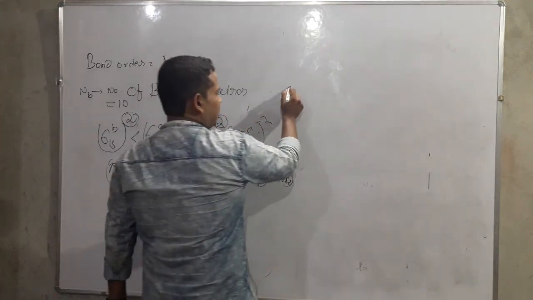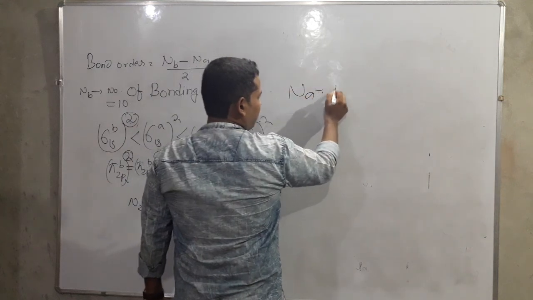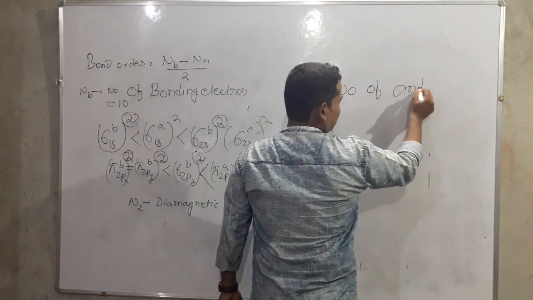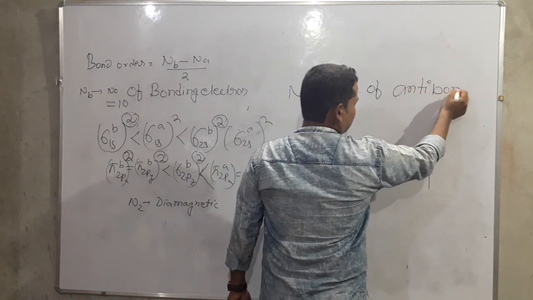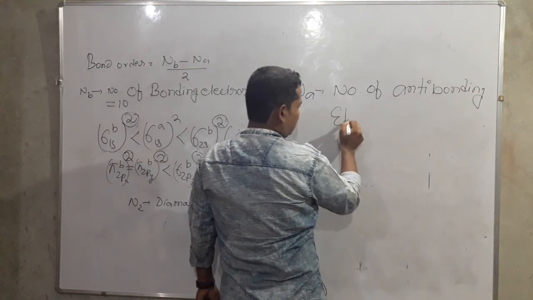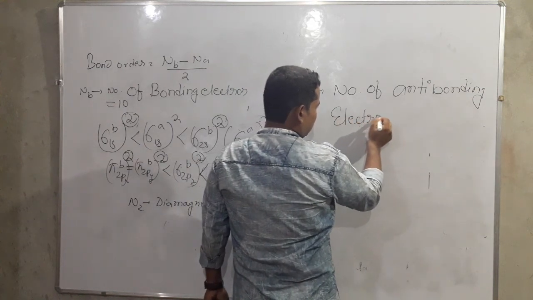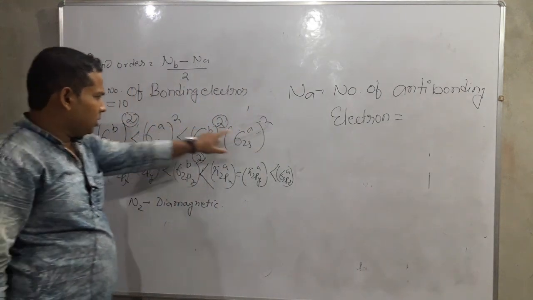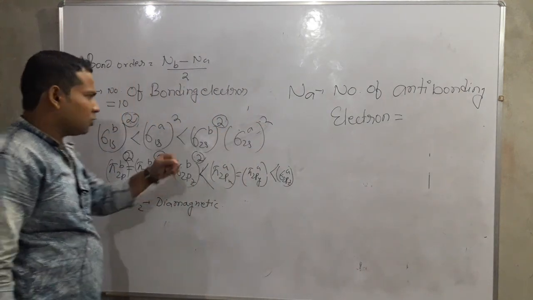Na means number of anti-bonding electrons. Anti-bonding, that is 2 electrons, 2, 4 electrons, that is equal to 4.